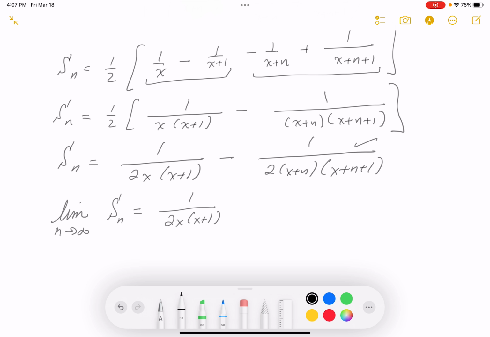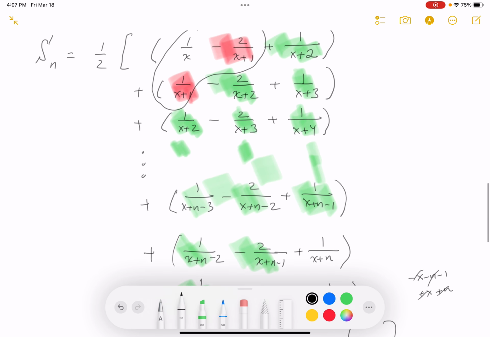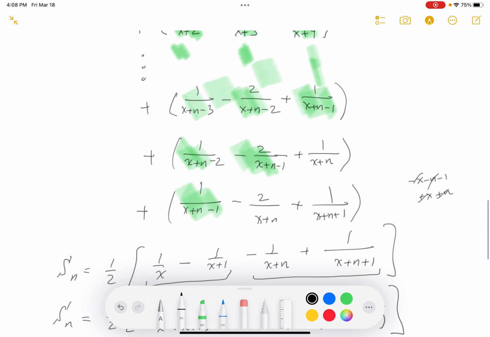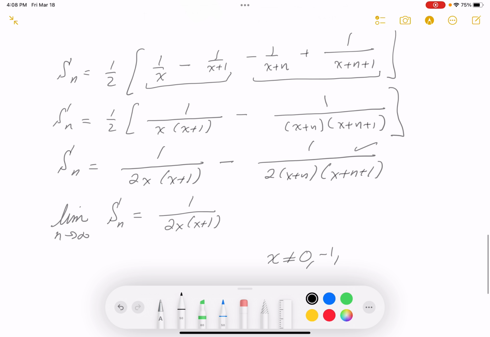Let's take a look at it. Well, I'm going to say x can't be 0. You'd have a division by 0. X can't be minus 1. Again, you'd have a division by 0. I could go through the whole list, right? Minus 2, minus 3, yada, yada, yada.